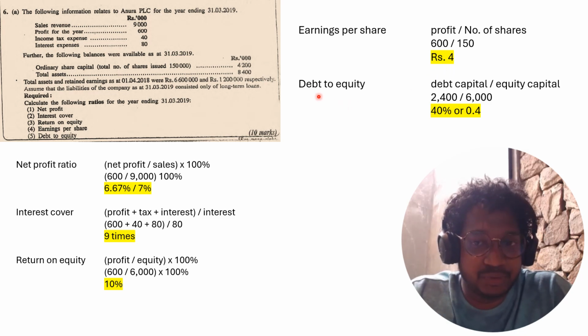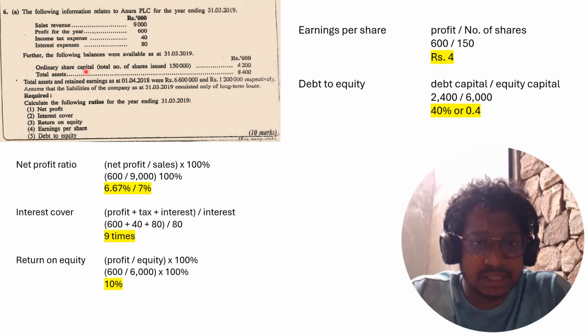And then they ask for the debt to equity ratio. Debt to equity ratio means debt capital divided by equity capital. So the equity capital as at closing date we found here is 6,000, and then the debt capital. So you have to find the debt capital. As at closing date, the total assets and the share capital are given here.